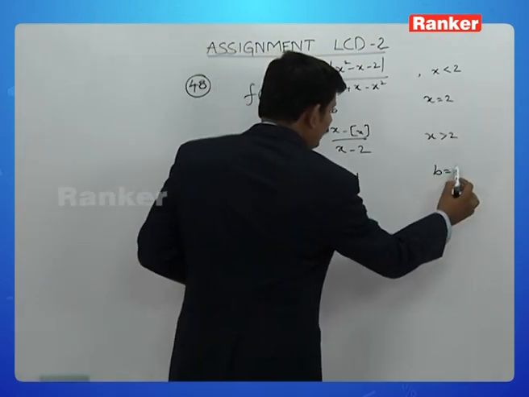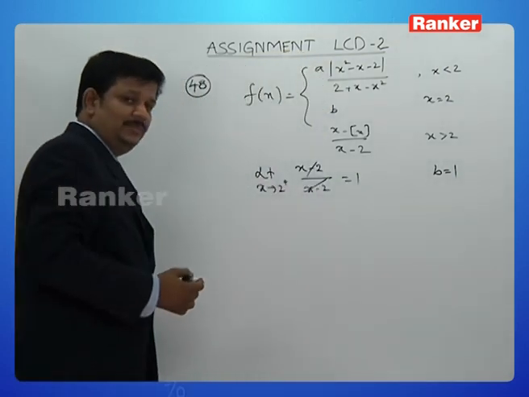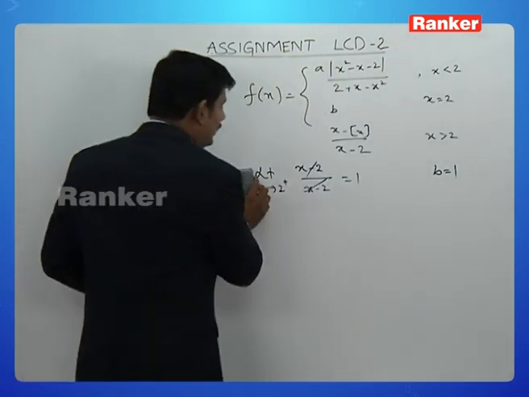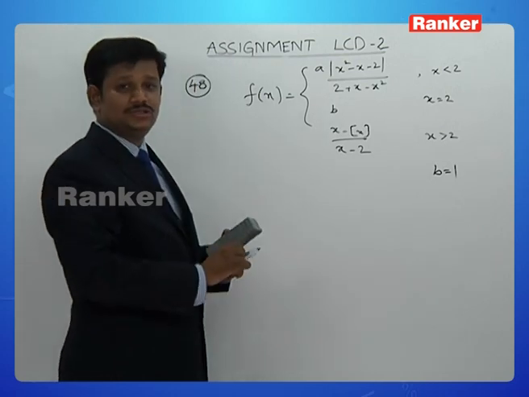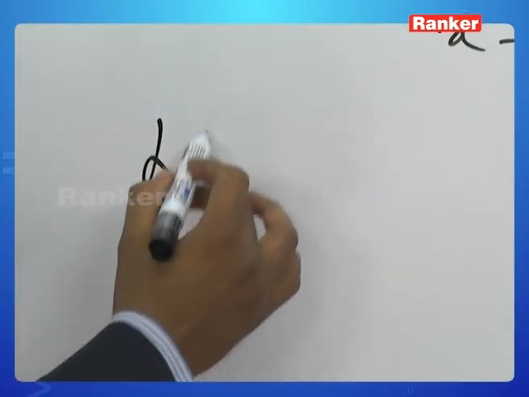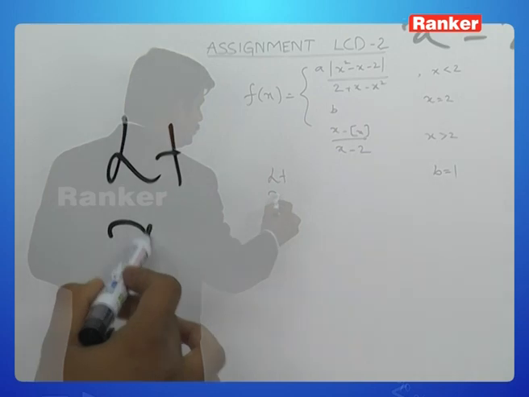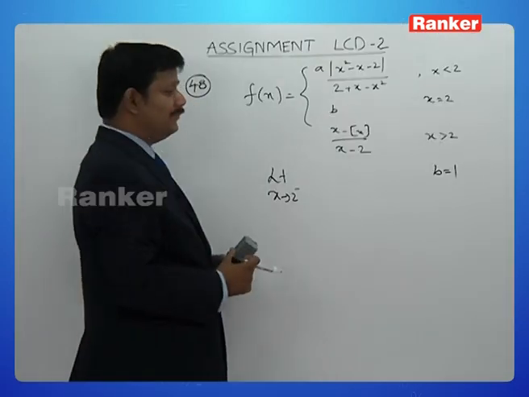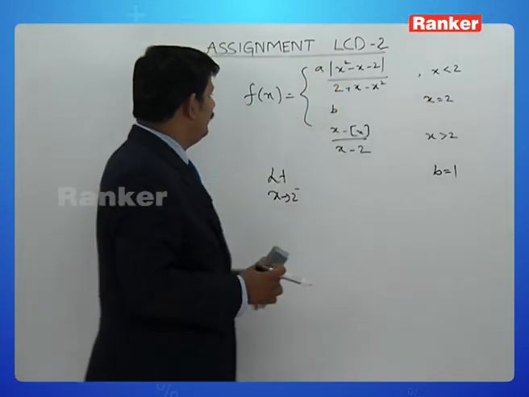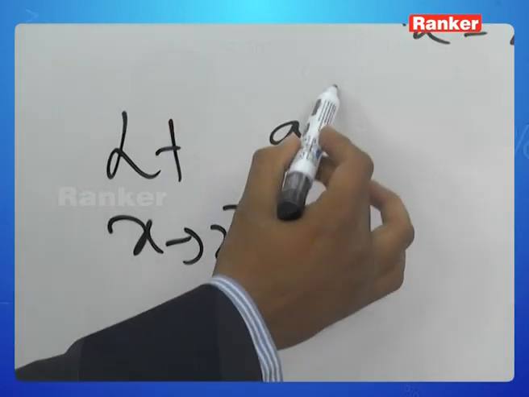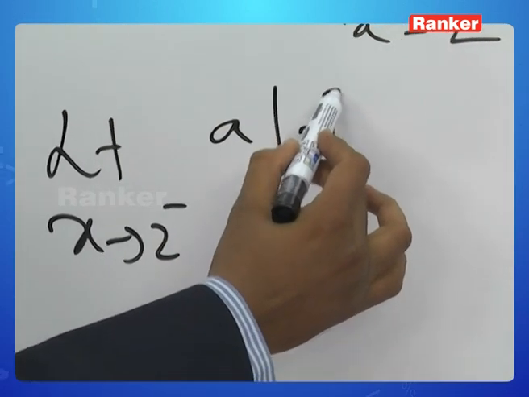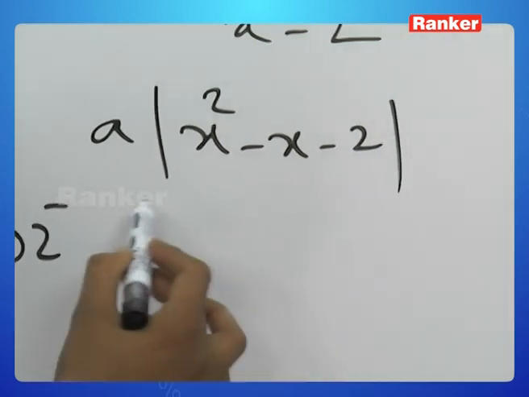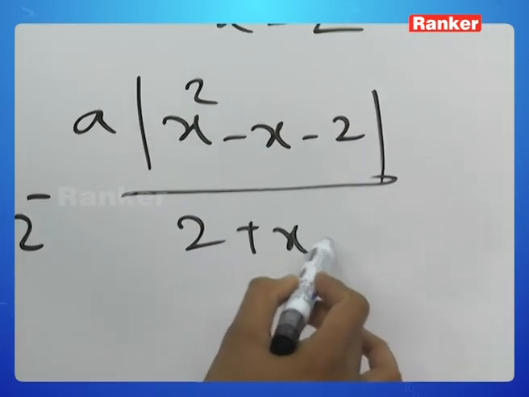b should be 1. Now, let us look at the left hand limit. The left hand limit should also be 1 for the function to be continuous at 2. The left hand limit is limit x tending to 2 minus, and whenever x is less than 2, f of x is given by a into modulus of (x square minus x minus 2) divided by (2 plus x minus x square).